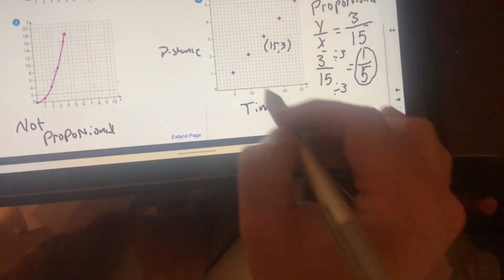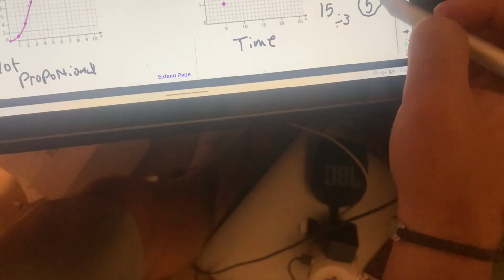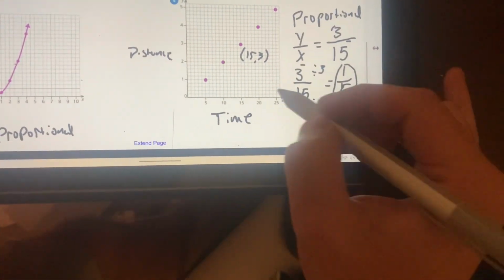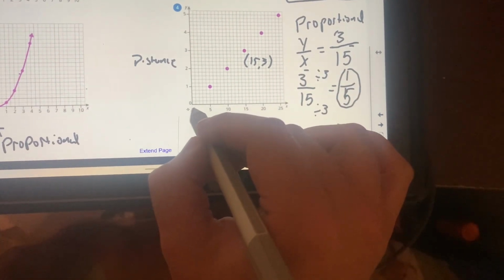Now, how I would read this, and you can read this either way, y or x value, we'll go minutes first.